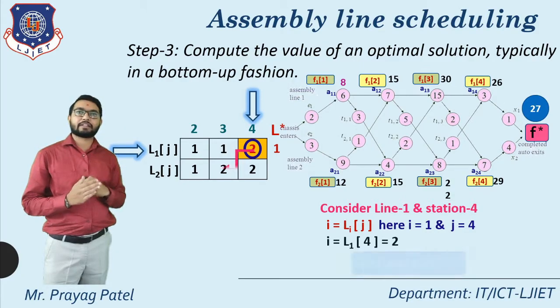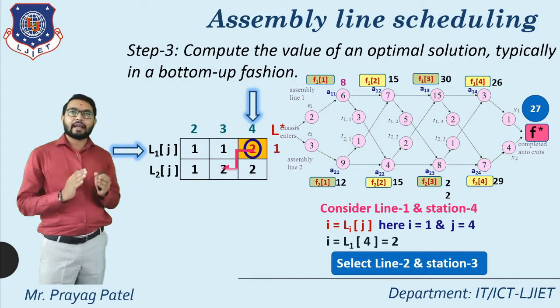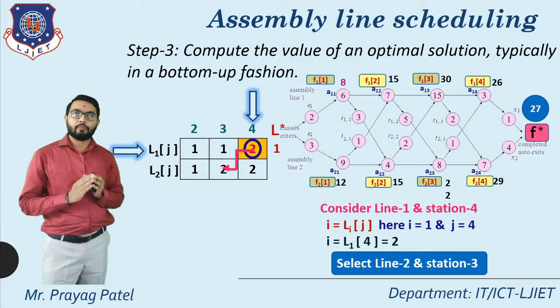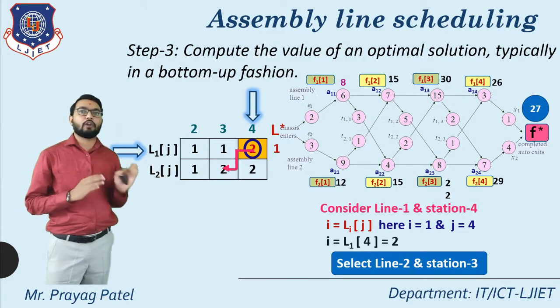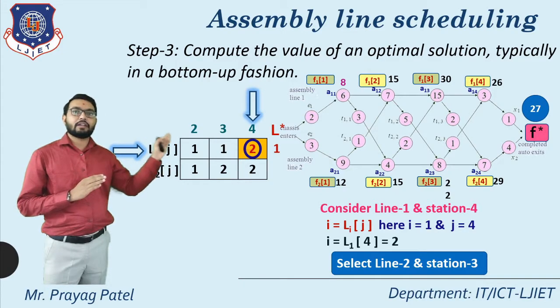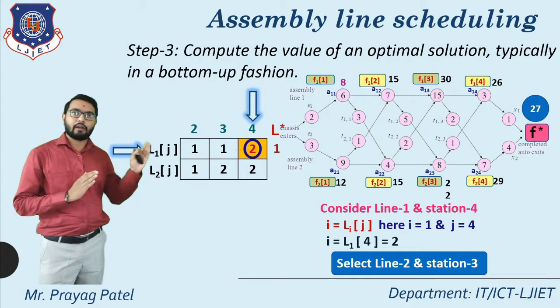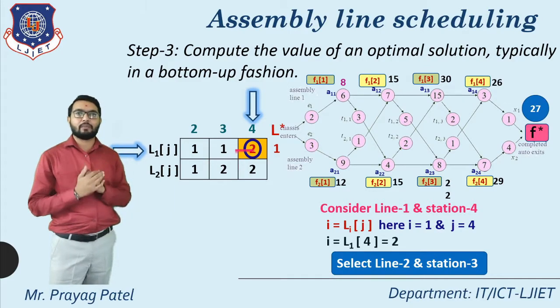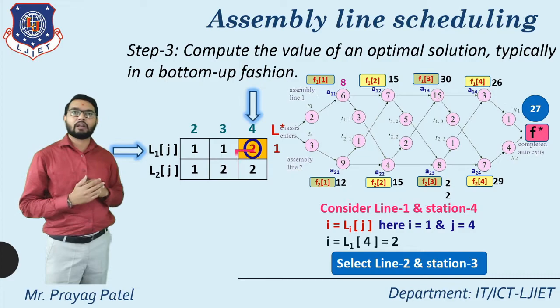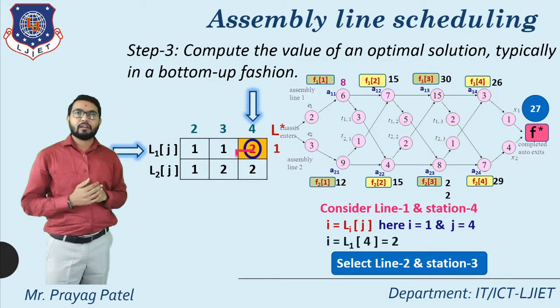It means we select line number 2. L1 4 equal to 2 means consider line number 2. Then what is the column number? Column number is considered as the station number. So consider the previous station.